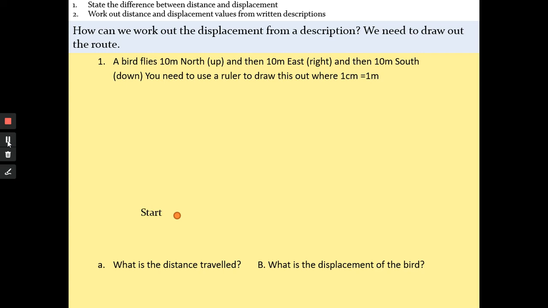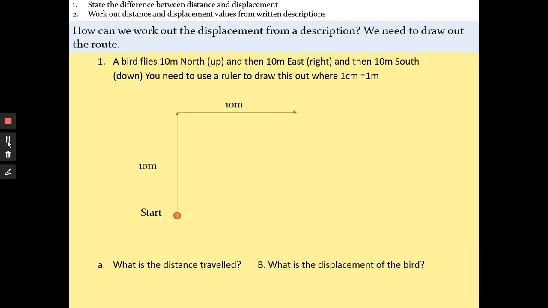So I've drawn my little start point, making sure I've got space around it to draw my route. So I'm going to draw a 10 centimetre line up the page because that represents 10 metres. I'm then going to draw a 10 centimetre line across the page to the right to represent my 10 metres east.